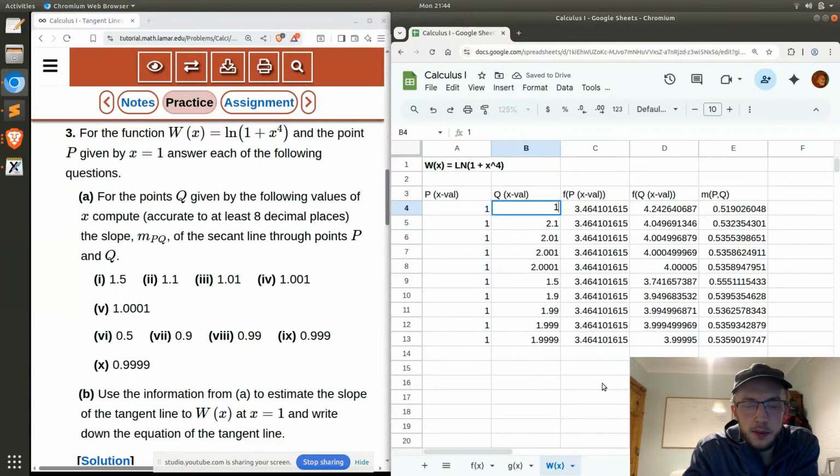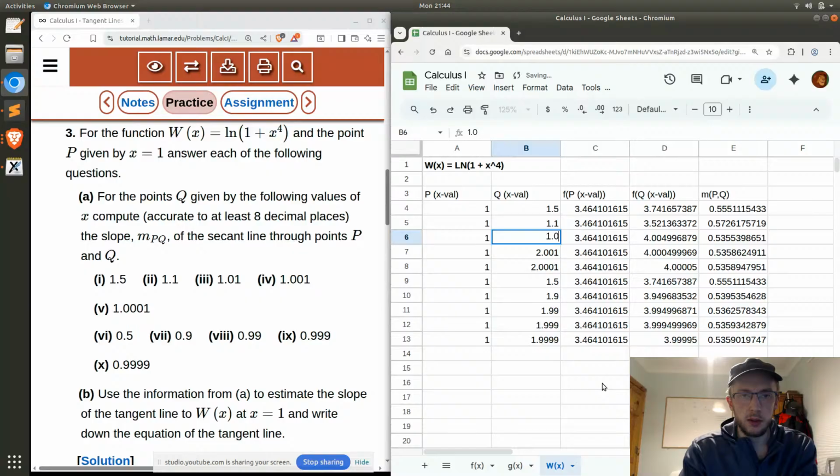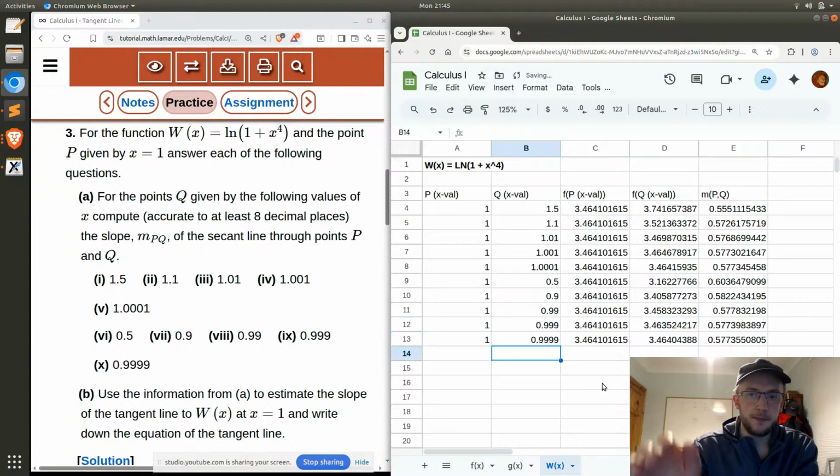This time, the q value, the x coordinate value is 1.5, 1.1, 1.01, 1.001, 1.0001, and 0.5, 0.9, 0.99, 0.999, and 0.9999. Notice that we're homing in on the value that we actually care about.